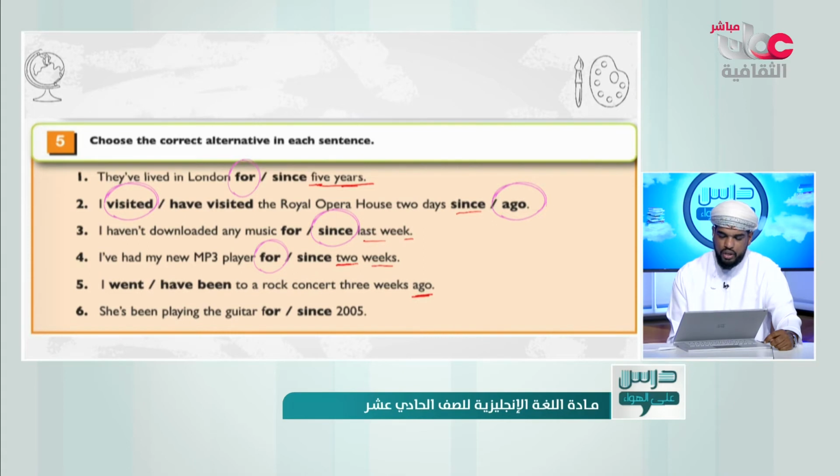I have ago here, so what is the indication? This is about past simple. I went to a rock concert 3 weeks ago. Number 6, she has been playing the guitar for or since 2005. I have a date here. What should I do? Bravo. I will write since 2005. All right, so this is about for and since.